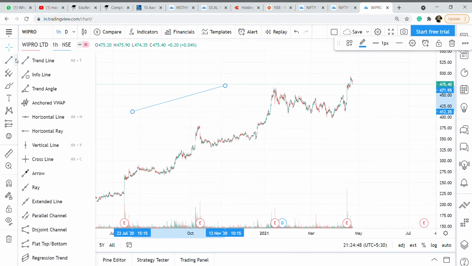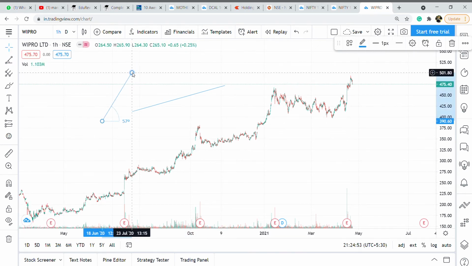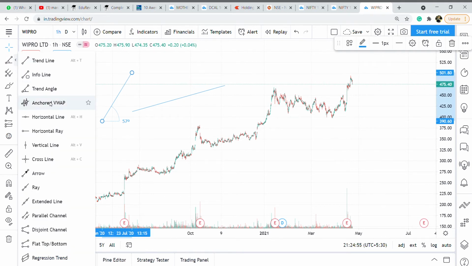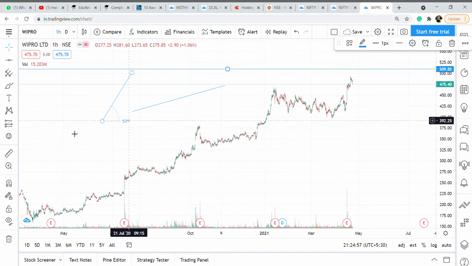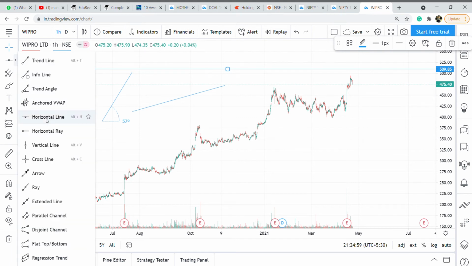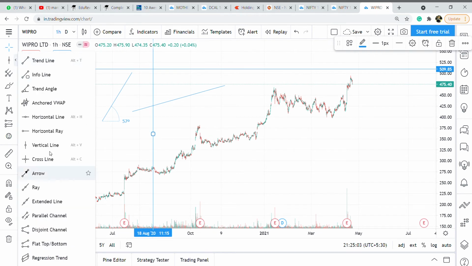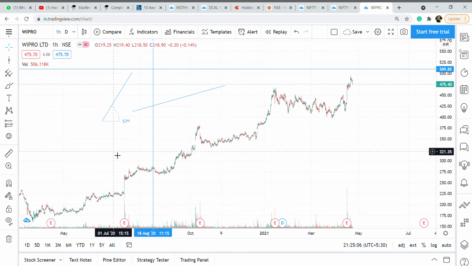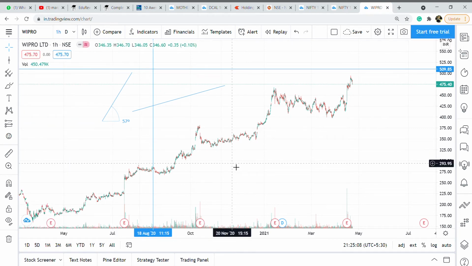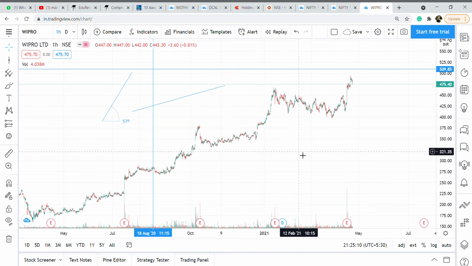There are so many things in the line itself. We can draw angle line, you can draw horizontal line, you can draw vertical line. So there are basically so many things over here, and all these things will be made use of when we draw patterns.